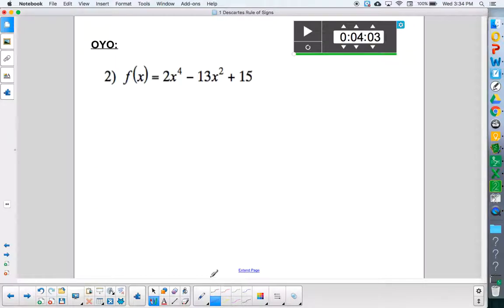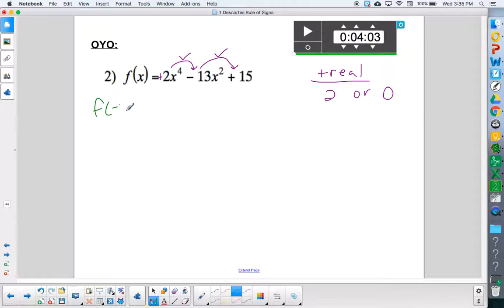Okay, so if we look at the original polynomial, we have positive to negative here, so we get 1 sign change, and then negative back to positive, so 1 sign change. So that means for my positive reals, I can have 2 or 0 possible answers there.